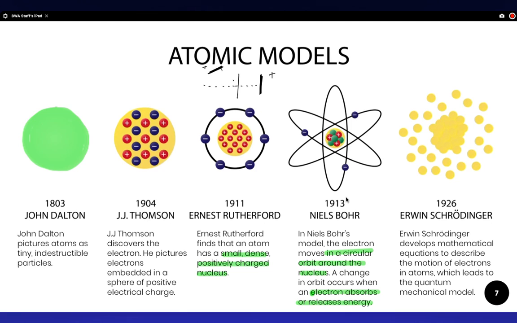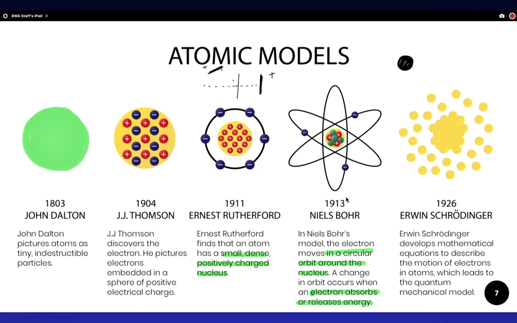A pretty good picture of that would be, let's see, you can actually observe this when it releases light. It's a really common form of energy that electrons release when they move orbitals.